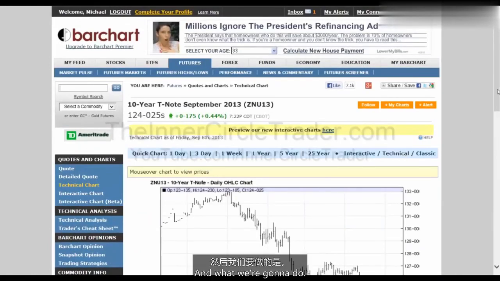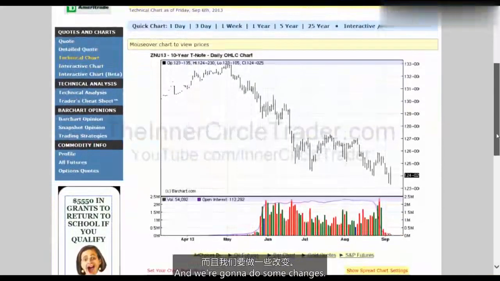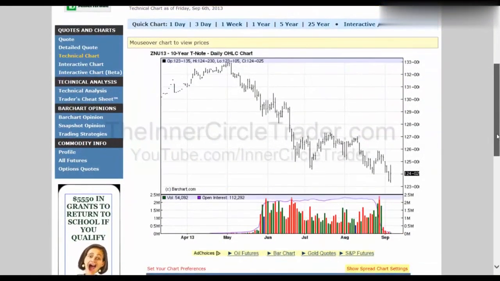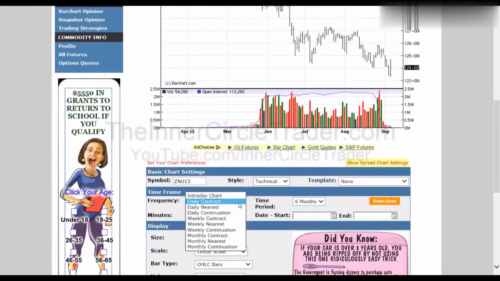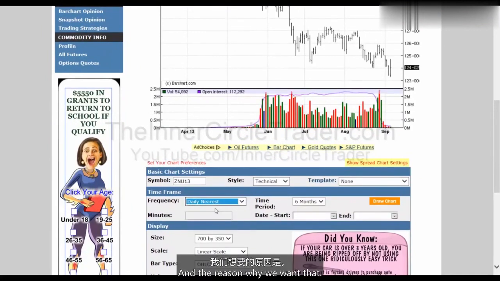Okay, and what we're going to do is scroll down just a little bit and make some changes to this. What we want is daily nearest. Click on that. The reason we want that is because it's going to show a continuous, non-break in the contract.